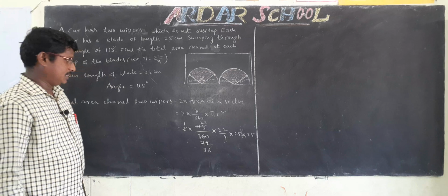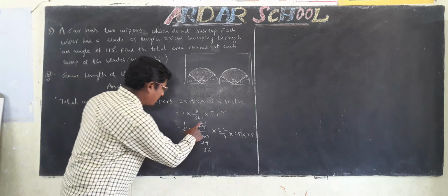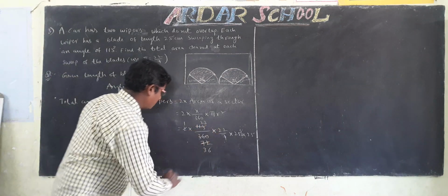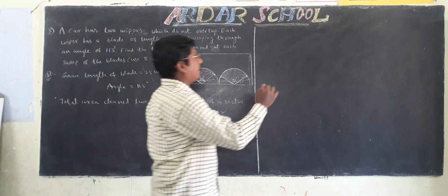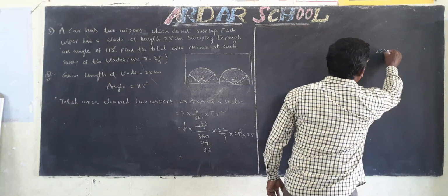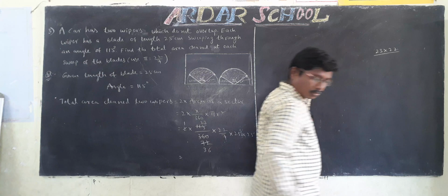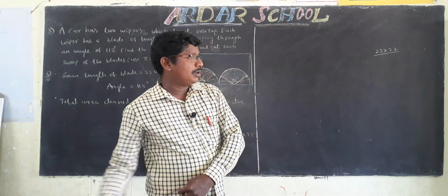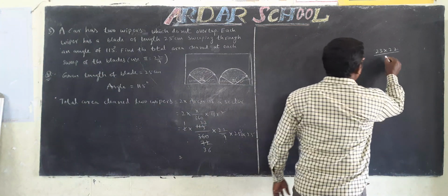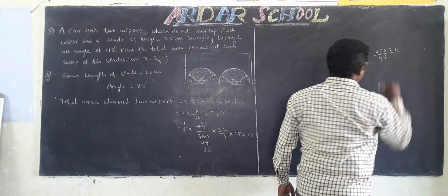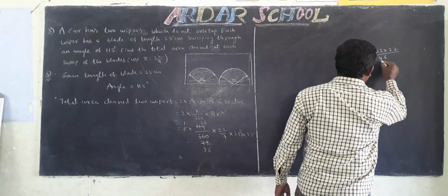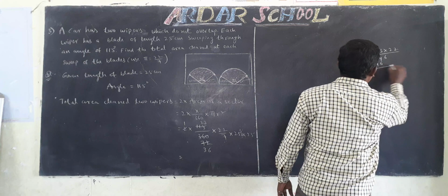Multiply 23 and 22. 2 threes are 6, 2 twos are 4, again 2 threes are 6, 2 twos are 4.